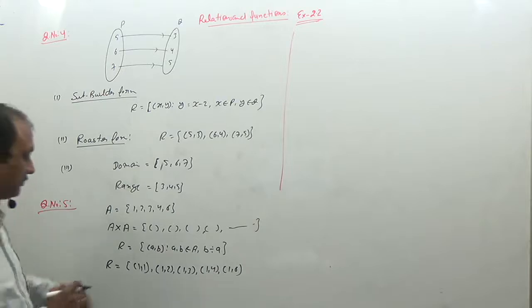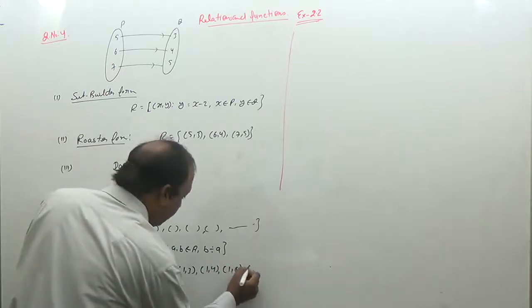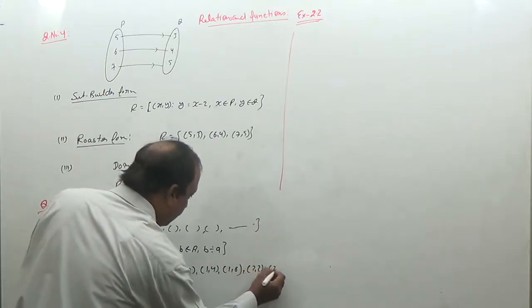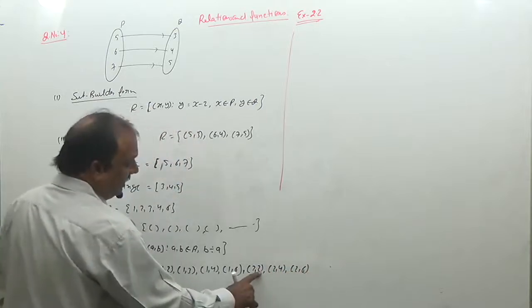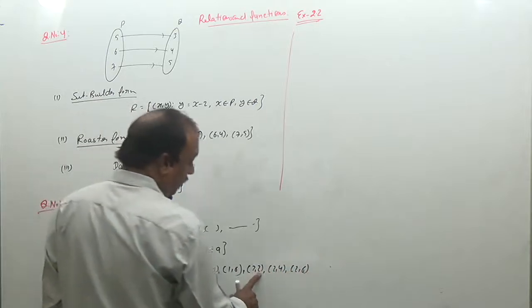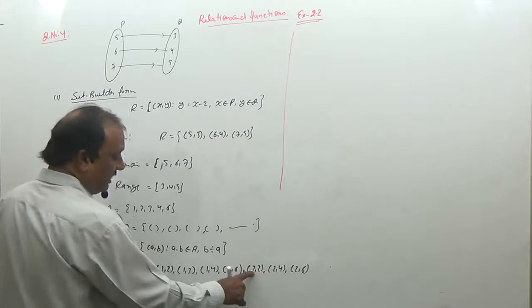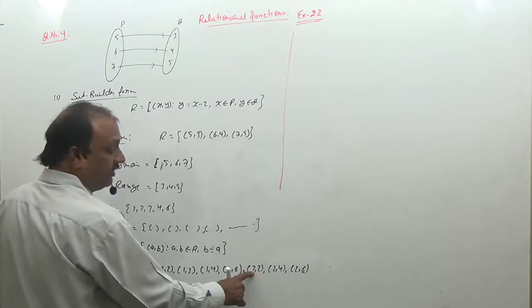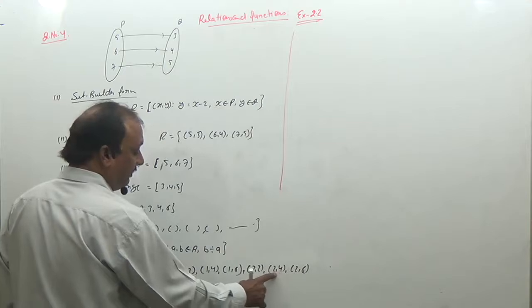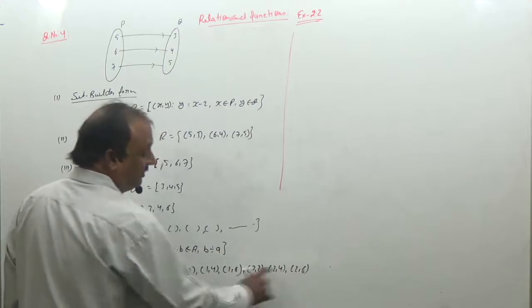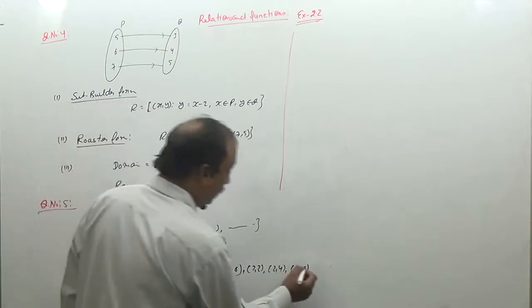Next, the ordered pairs will be 2 2, 2 4 and 2 6, because these are all those ordered pairs in which the second number is exactly divisible by the first. 2 is divisible by 2, 4 is divisible by 2, 6 is divisible by 2.